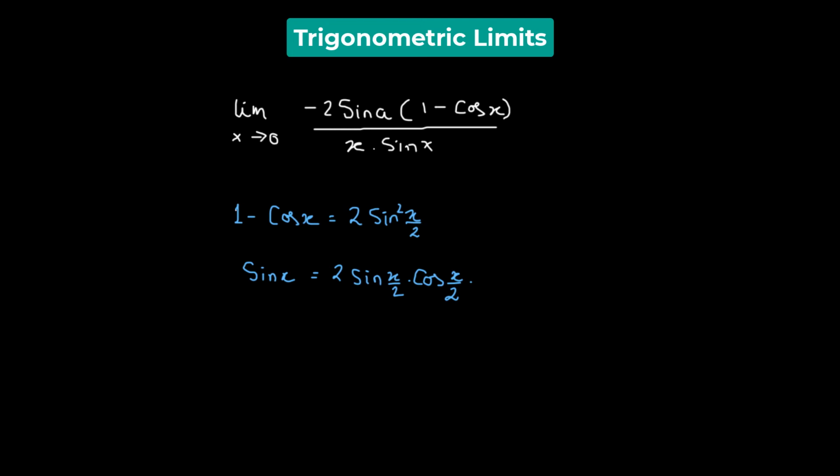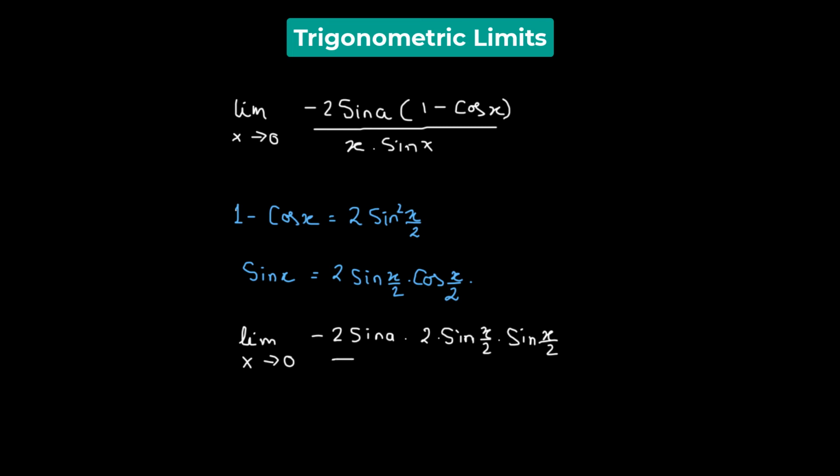Okay, let's substitute this value into our given function. So that will give us limit x approaching 0, negative 2 sine a times 2 sine squared x over 2. So let me write, instead of sine squared x over 2, the product of sine x over 2 and sine x over 2.